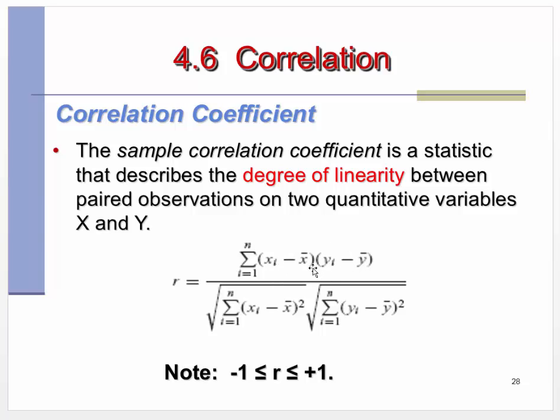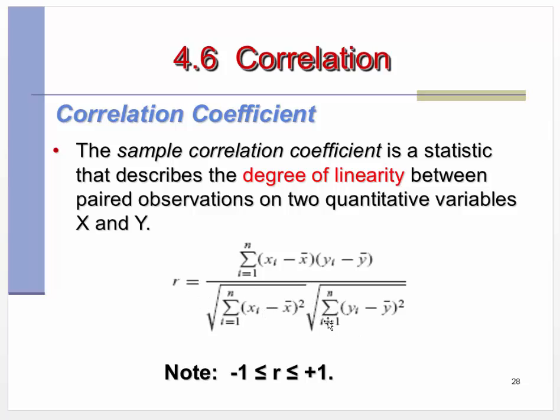The product of the two is summed from the first one to the last one. In the denominator, you have 2 square roots. The first is xi minus x bar, squared and summed, and then square rooted. The second is yi minus y bar, squared, summed, and then square rooted. You multiply the square roots, and that's your denominator. R is the ratio of the two.